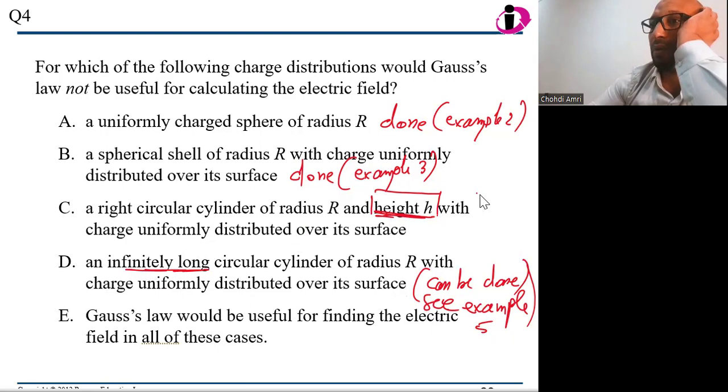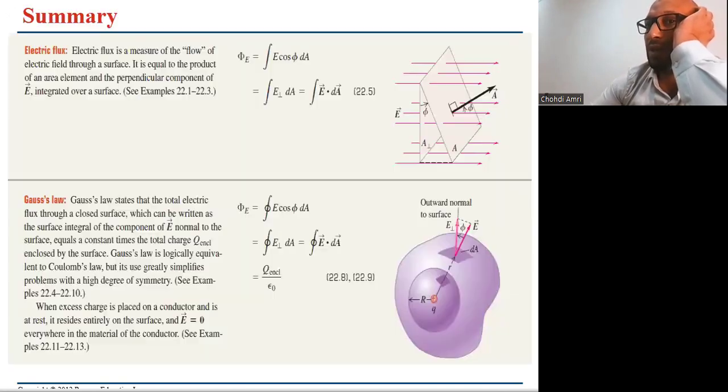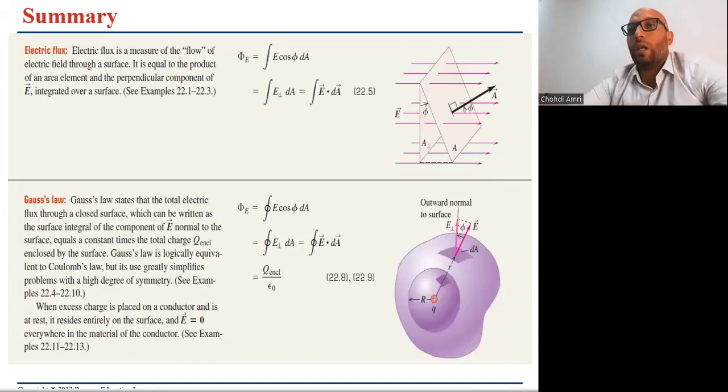When we are talking about a finite length, it's difficult to calculate the electric field using Gauss's law because we have an electric field produced by the sides and an electric field produced by the ends. In this case, it would be a little bit difficult and complicated. So the correct answer will be C. Thank you so much, everyone, and see you in another lecture.